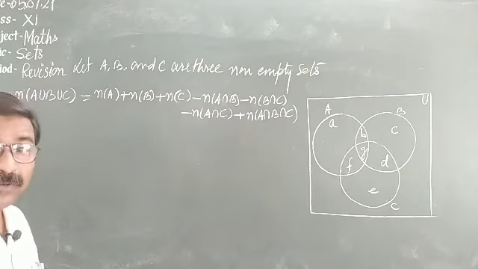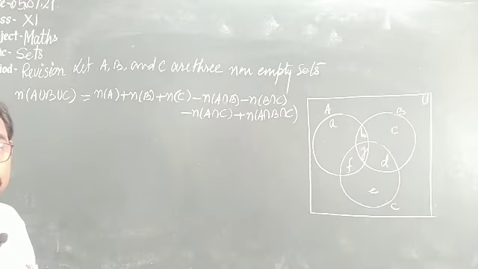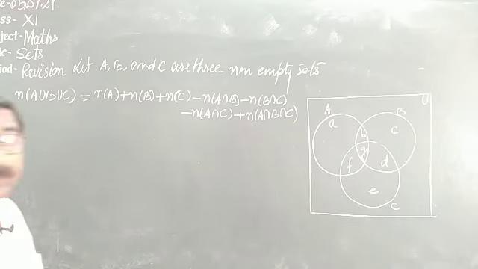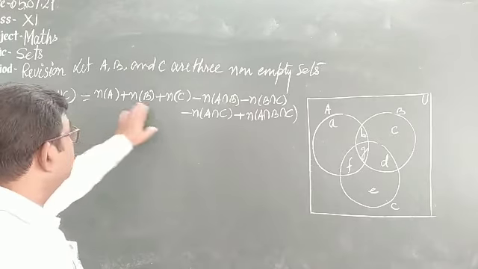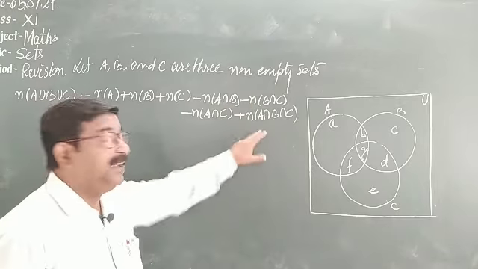This is the formula for three sets. Now, how many terms are there? 1, 2, 3, 4, 5, 6, 7, 8 terms.